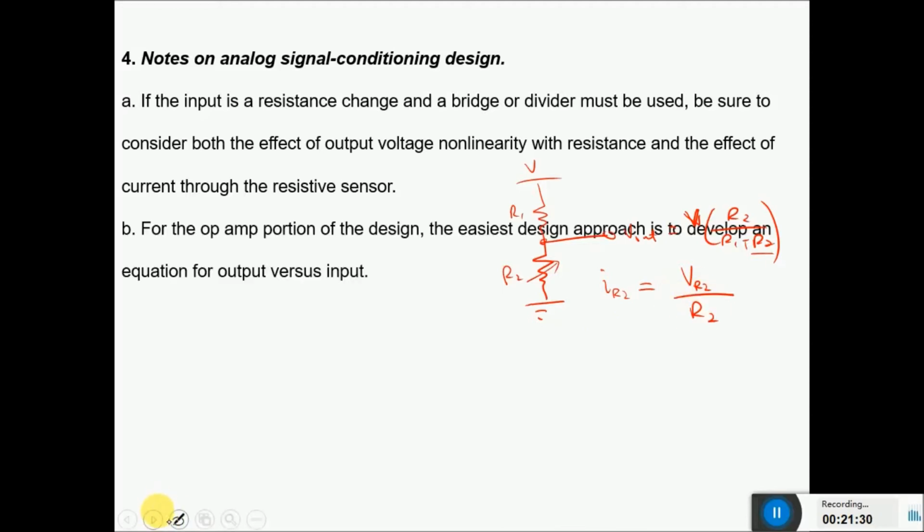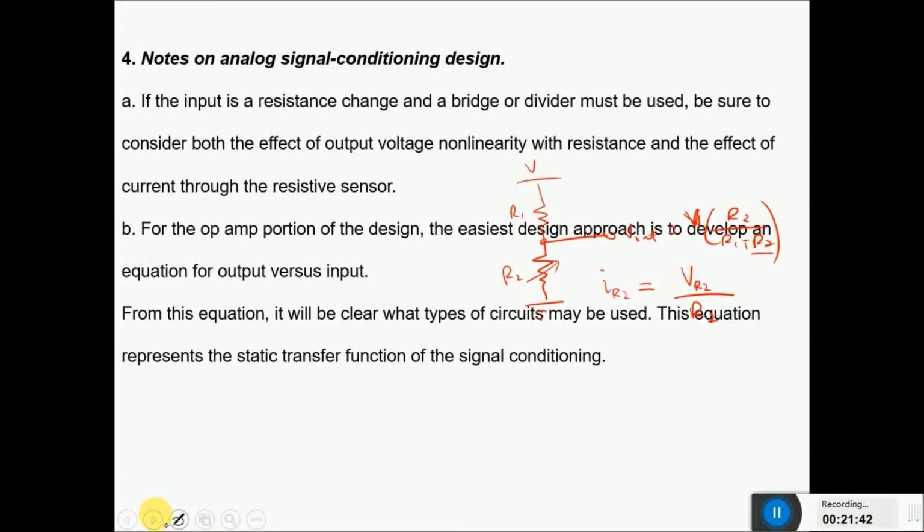For the op-amp portion of the design, the easiest design approach is to develop an equation for the output versus the input, just like we did in our previous example. From this equation, it will be clear what type of circuit may be used. For example, we used a simple difference amplifier and a non-inverting amplifier for the gain.